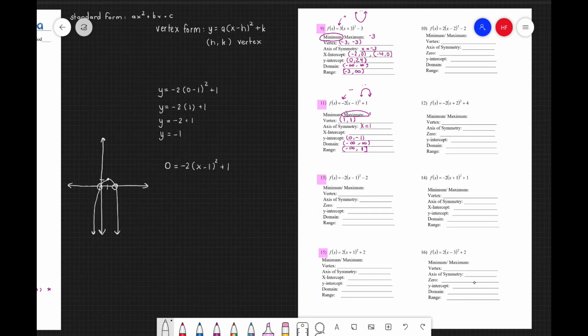So we're going to subtract 1, negative 1 equals negative 2 times (x minus 1) squared, divide by negative 2, 1/2 equals (x minus 1) squared. And then in order to get rid of that square, I have to square root both sides.